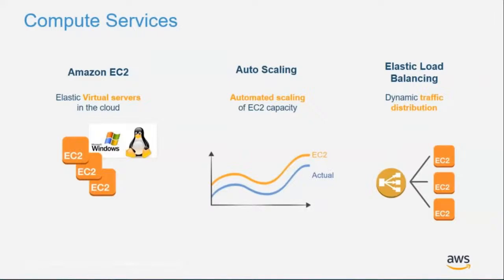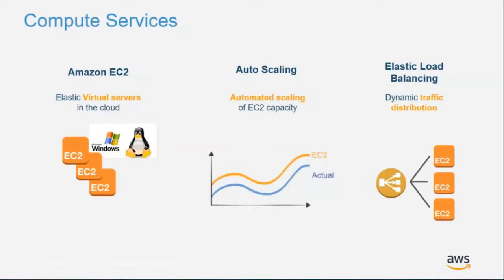Another key feature is the elasticity of the cloud, which is achieved by using auto scaling, the ability to automatically scale capacity as your load increases without having to guess the capacity. Auto scaling automatically adds more infrastructure as your load increases, and as the load decreases it automatically removes that infrastructure.